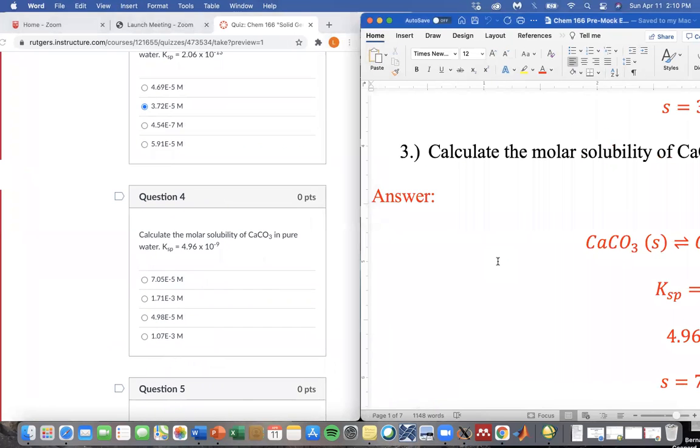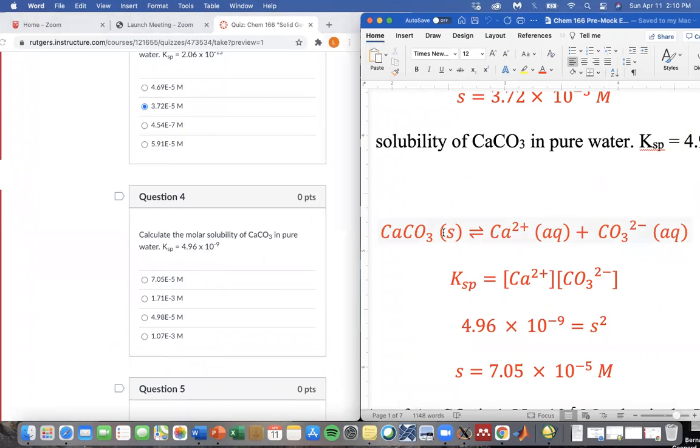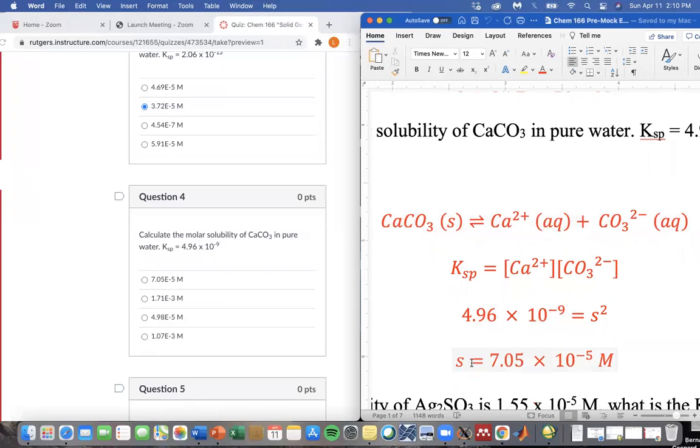And this one's actually a little less complicated because there's no coefficient in front of anything. So it's just KSP equals Ca times CO3. When you solve for S, you just square root your KSP, which you're given here. And so you should get an S value of 7.05 times 10 to the negative fifth.